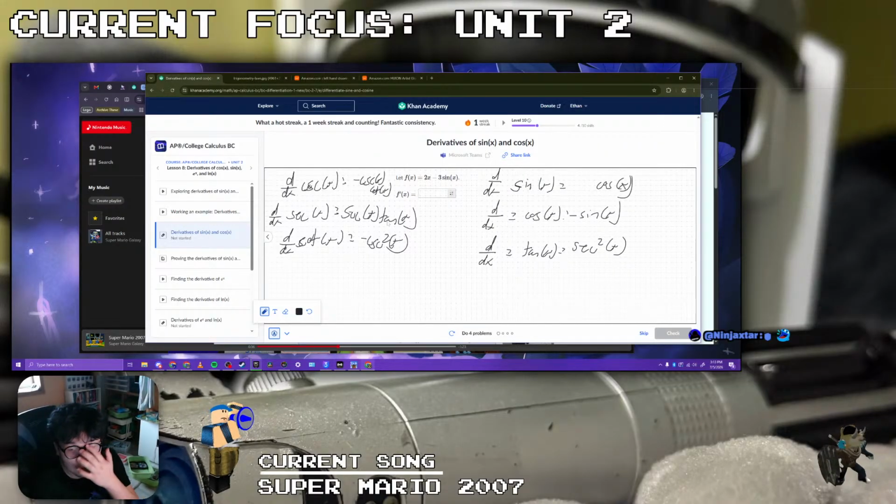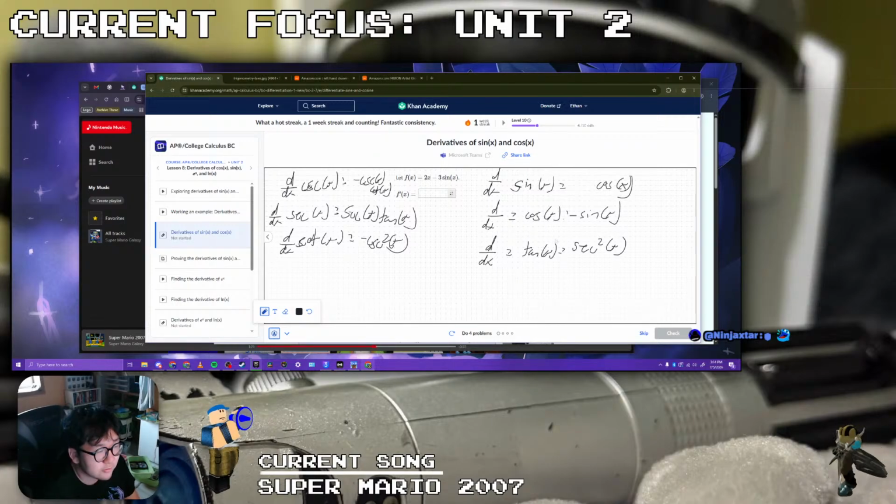How did they figure that out? Beats me. The important thing to know is that anything that starts with a c will result in a negative. So sine to cosine is positive, but cosine to sine is negative, and then you go in this cycle: negative cosine, then sine, and it goes in a loop.